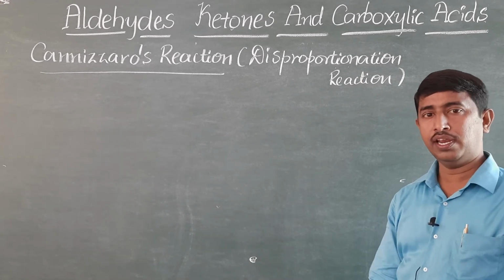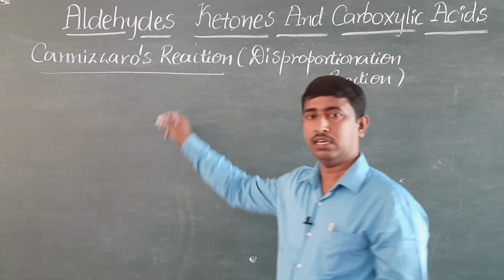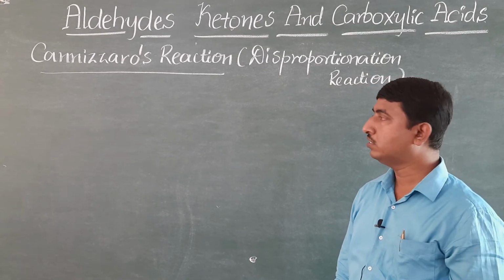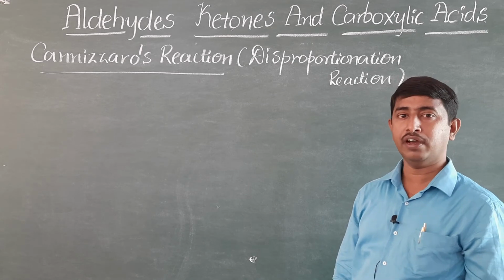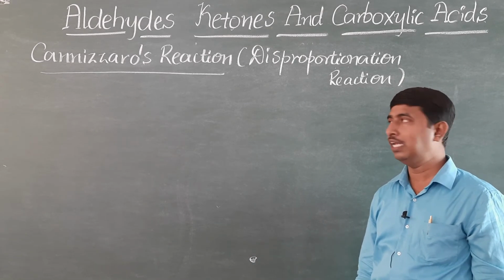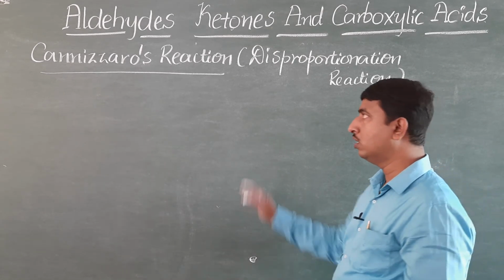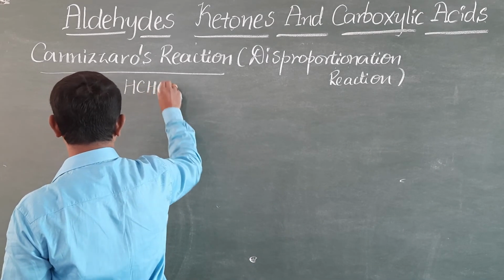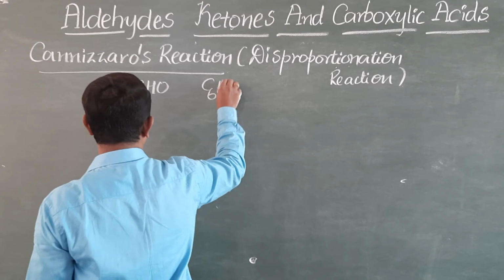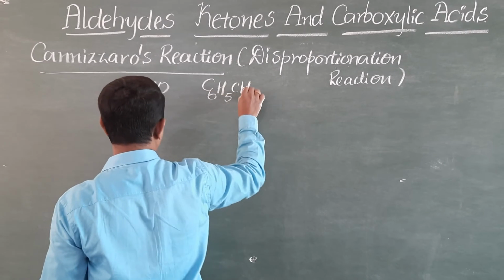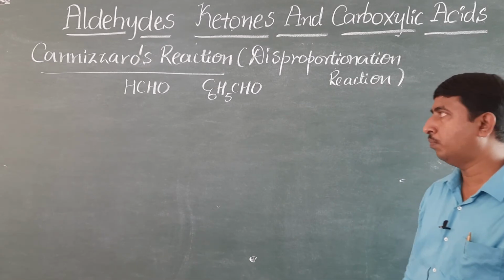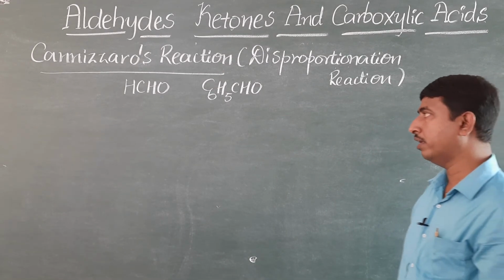Cannizzaro's reaction is answered only by those aldehydes which do not contain any alpha hydrogen. So it is seen in only two compounds: formaldehyde and benzaldehyde.